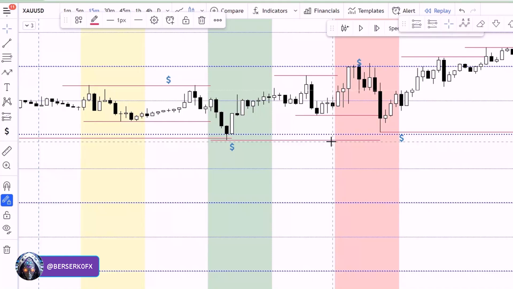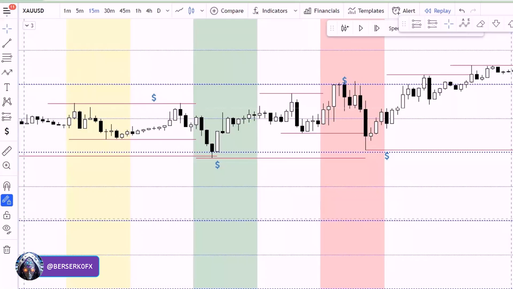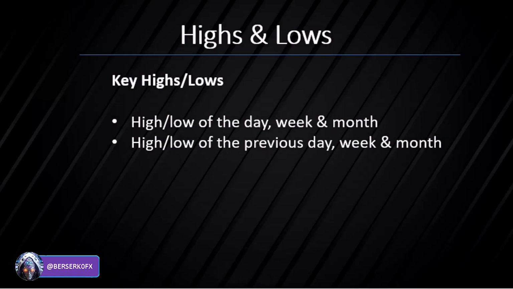Okay? And that's key. Another important concept that you need to understand is the high of the day and the low of the day. Now, if you're just looking at the 1 hour highs and lows, you probably don't need to worry about that, because the low of the day is going to be a low on the 1 hour. A high of the day is going to be a high on the 1 hour.